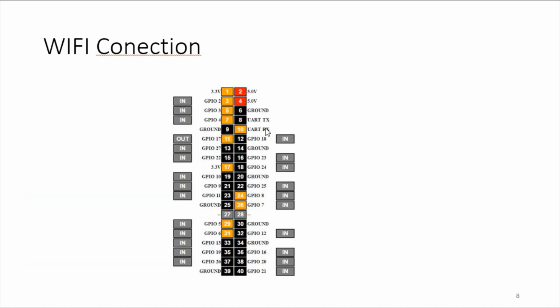This page is connecting to the internet. So you go to the IP address of your Raspberry Pi, and from this page you can control the air conditioner, the electric devices, and the lighting.